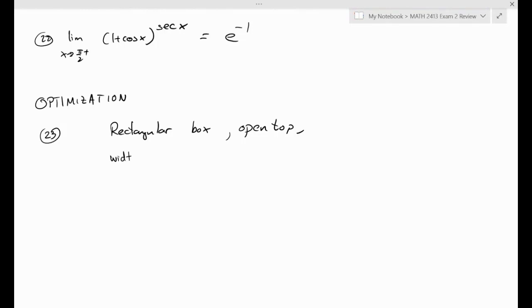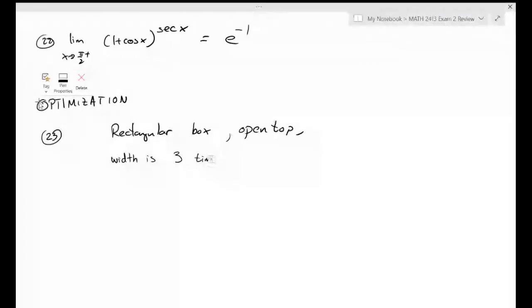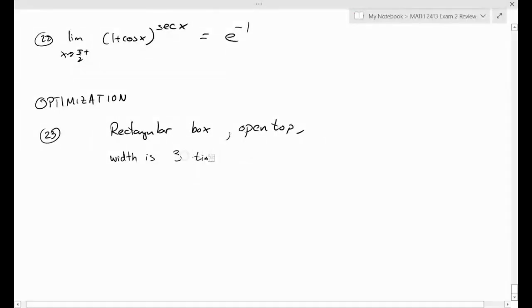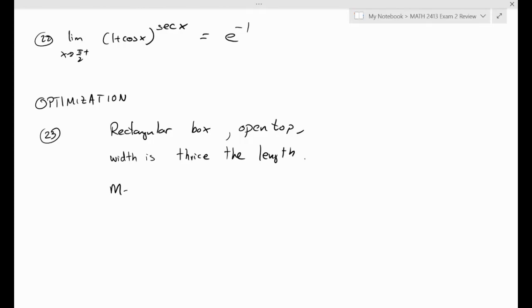width of the base is three times, thrice the length. Seems pretty wordy there. So width is thrice the length. And we want to maximize volume.